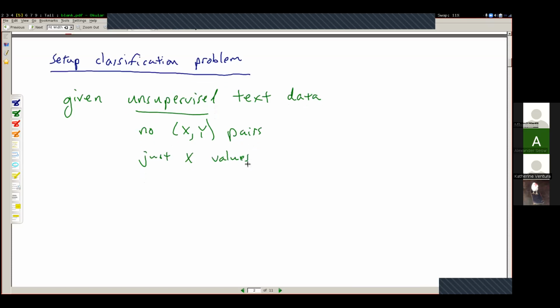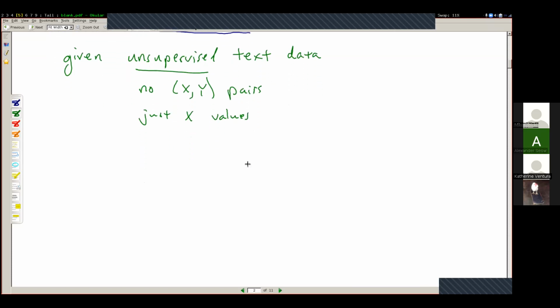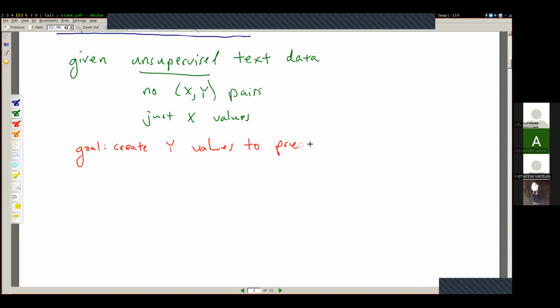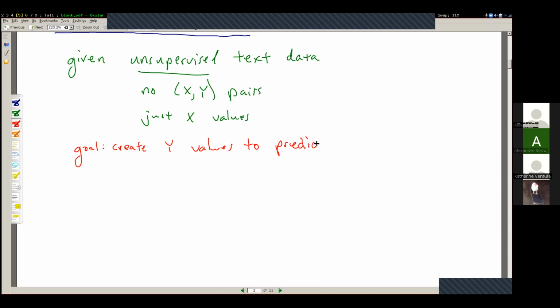We have to somehow create the supervised pairs, create these Y values to predict from just the X's.